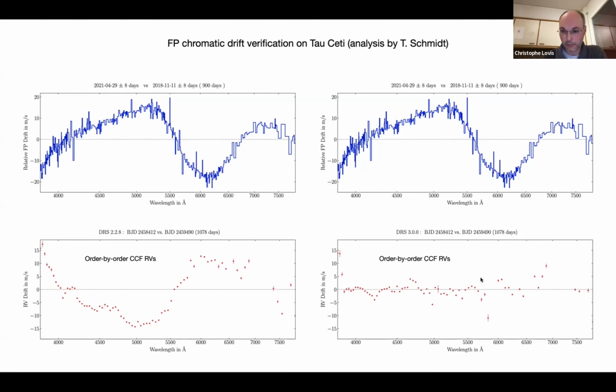On the bottom right is the new pipeline version with the chromatic fit, and you see that there is no longer any wavelength dependence on the order by order RVs on tau Ceti when you compare two exposures separated by roughly 3 years. So that's it. Thank you very much.